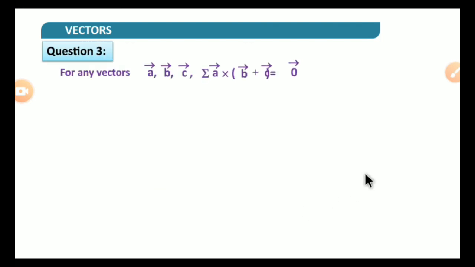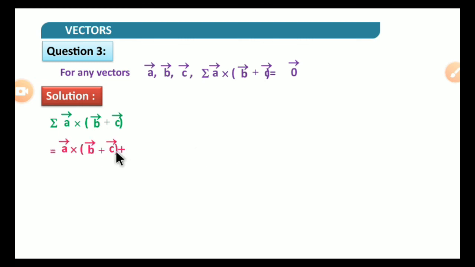Students, in the third example, for any vectors A, B, C, the summation of A cross (B plus C) is equal to 0 vector. So we can find out the solution. Here the summation of A cross (B plus C) will be written as A cross (B plus C) plus B cross (C plus A) plus C cross (A plus B).